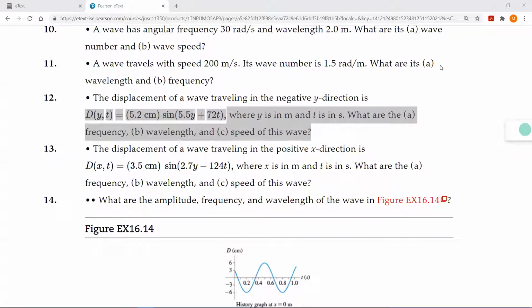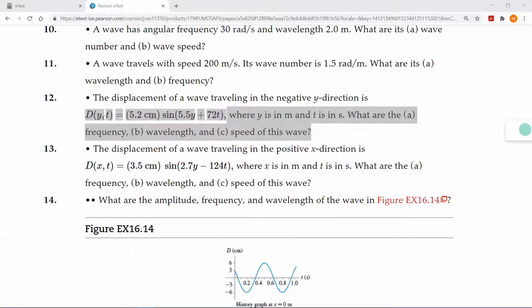Next up, number 12. Oh, thank goodness we don't have to draw anything for this problem. They tell us how the displacement of a wave depends on position and time. Yes, they're using the variable y instead of x, but that's trivial. Just whatever your string is, if you want to think of this wave as a disturbance on a string, the direction of the string, call that the y-axis.